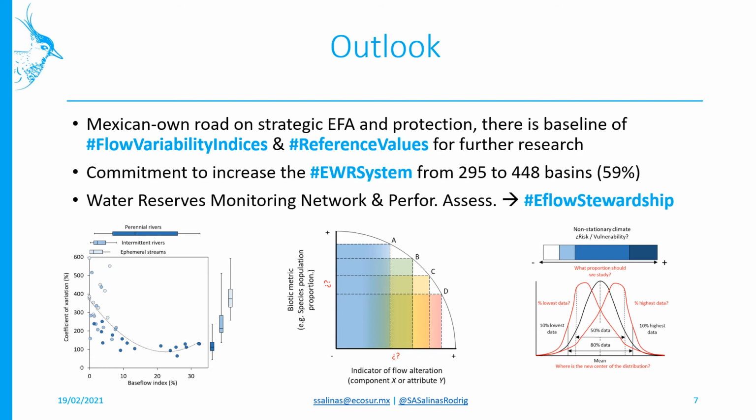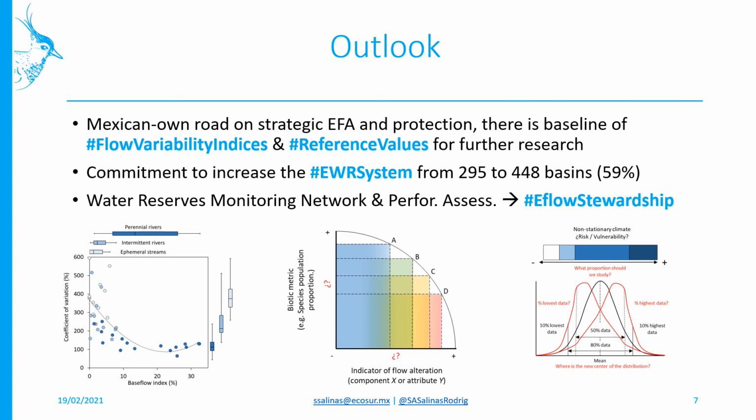This has been possible due to the decisive commitment of the government for enacting water for the environment despite the lack of knowledge and funding. Such a challenge was overcome by establishing collaborations of trust with academics, NGOs, and funding entities. Altogether, they set the Mexican own road to conduct E-flow assessments and protect them in the long run.